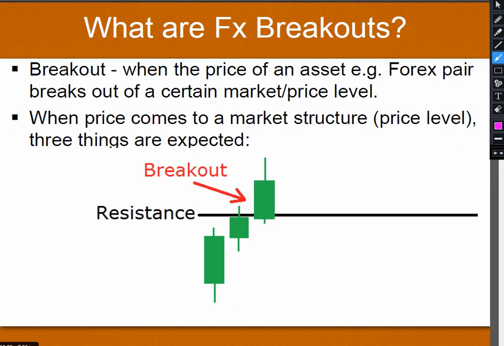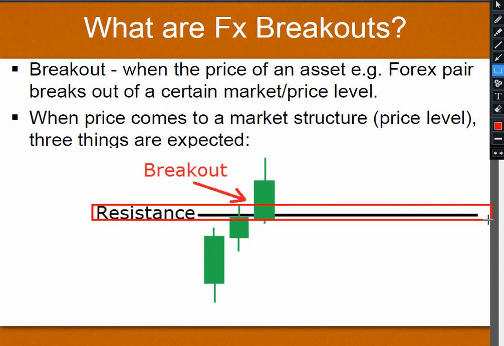Now look at the image we have here. What you see is this particular candle coming from below. We have a resistance level. This line you see, this is our resistance. Resistance levels or areas are those above price. So the market is coming from this level, candle 1, heading to resistance.